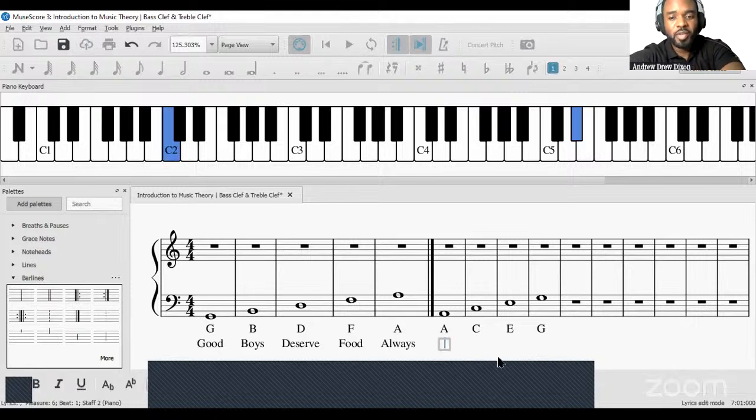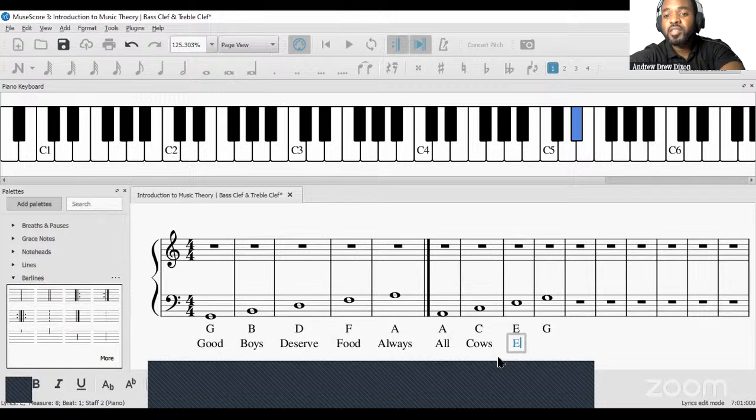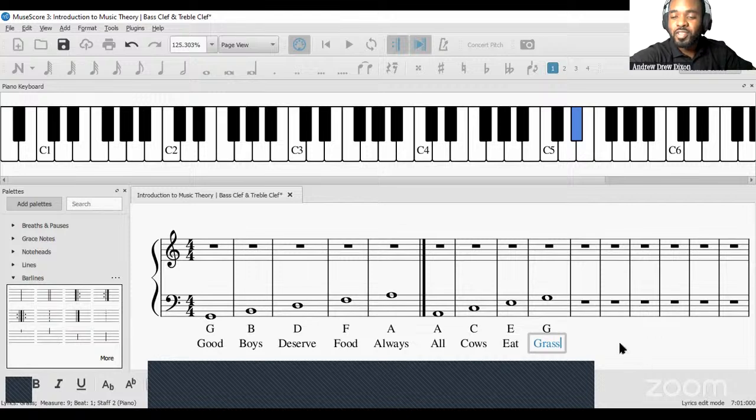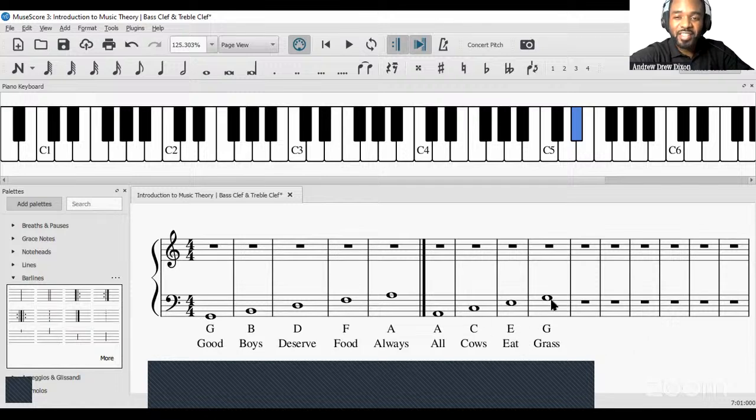And so the acronym is All Cows Eat. You can tell me, what do cows eat? Grass. You know, I was teaching this one time and one student told me all cows eat milk. I guess they meant all cows produce milk, but all cows eat grass.